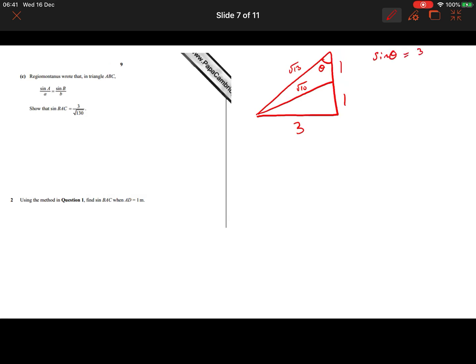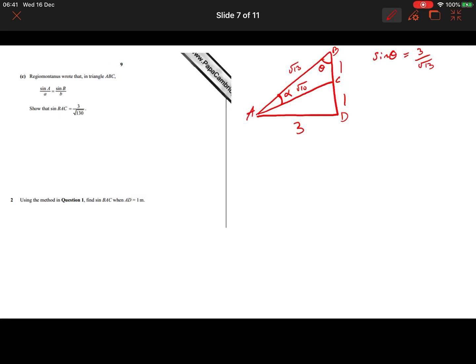And this angle here, what we knew is that the sine of that angle was equal to 3 over root 13. That's angle ABD. So what we want to know is what is the sine of angle BAC. BAC, that is this one here.